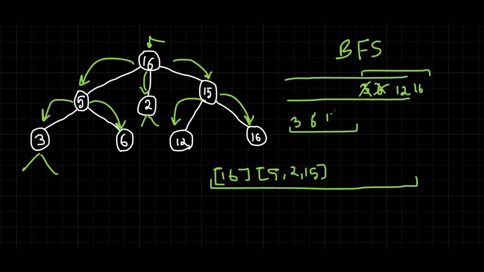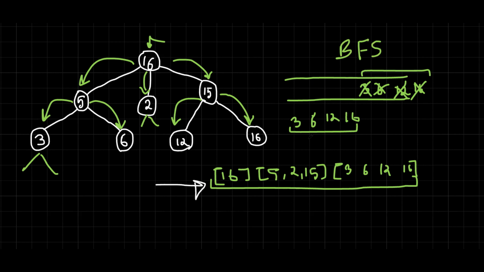Then we have to add 12, remove 12. Then we have to add 16, then remove 16. Now we have to add this vector 3, 6, 12 and 16 into the result. And finally, this is the level-wise traversal pattern of this N-Ary tree.